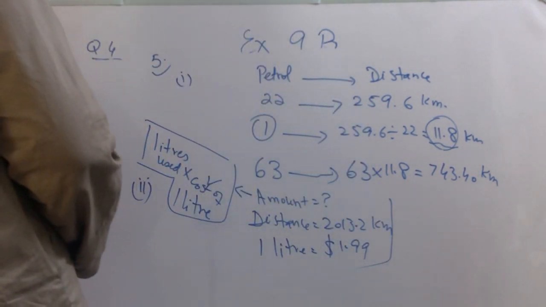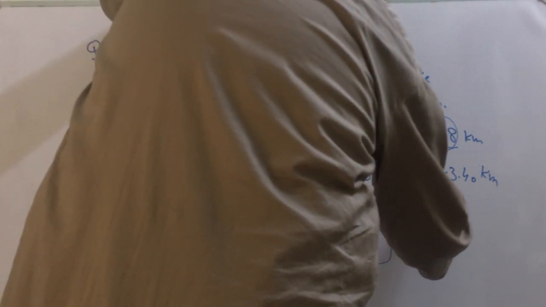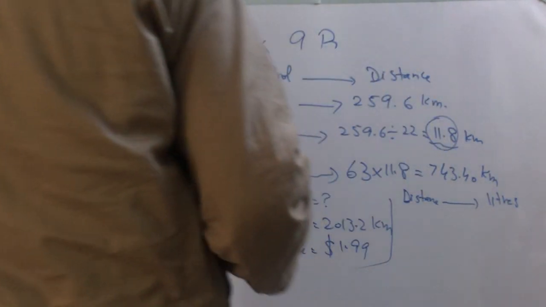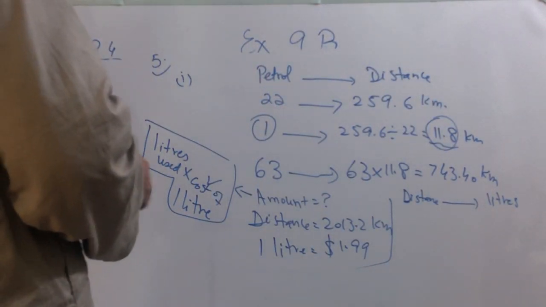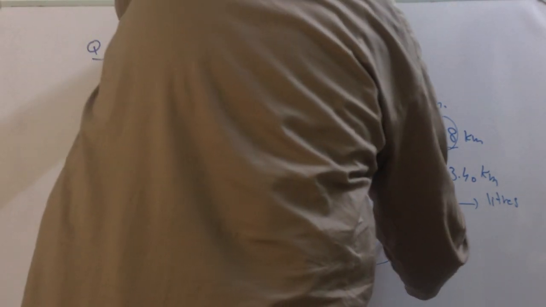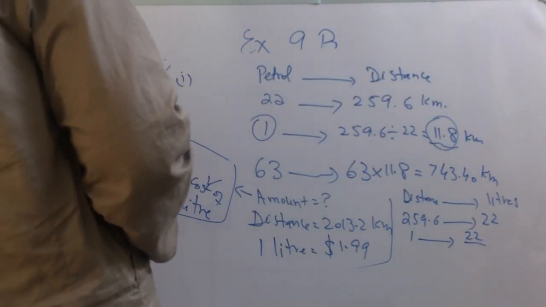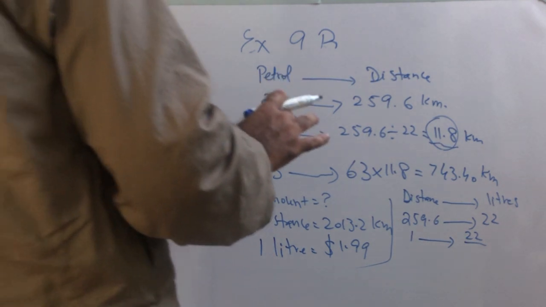So we need to find the liters. Let's suppose the distance was 259.6 kilometers, then liters used were 22. If you travel 1 kilometer, you will be using less petrol, so 22 divided by 259.6.